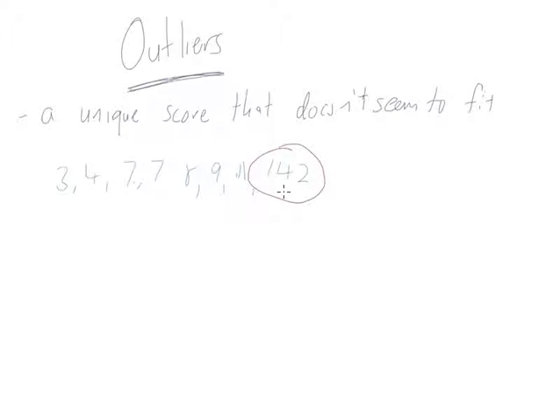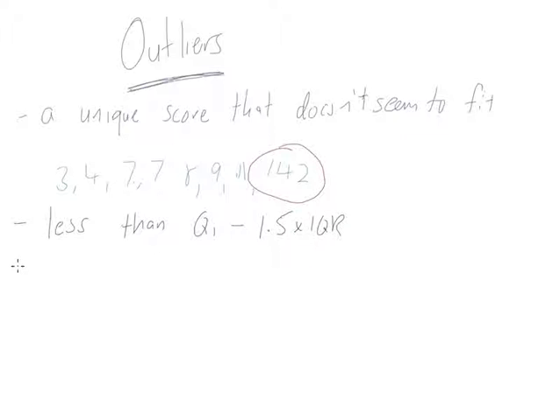That's great, but mathematically, what is going on? Can we be a little bit more formal? Yes, we can. The mathematical definition of an outlier is any score less than Q1 minus 1.5 times the interquartile range, which is a little bit fancy.